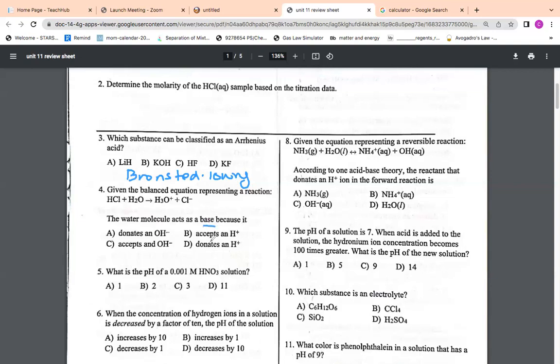So if anything is acting as a base, it's because it is accepting H+. You can also see here that the water is acting as a base, and on the other side, this is its conjugate acid. The only way that H2O could have become H3O+ is by gaining or accepting an H+. So we're going to want to go with choice B.